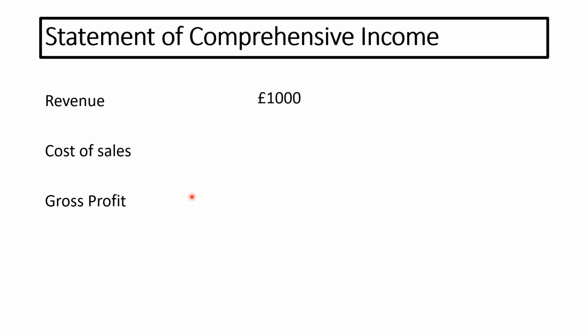In my example, I have earned £1,000 in revenue. I have a cost of sales of £300, so therefore that gives me £700 as a gross profit. And we are going to express £700 as a percentage of the £1,000.